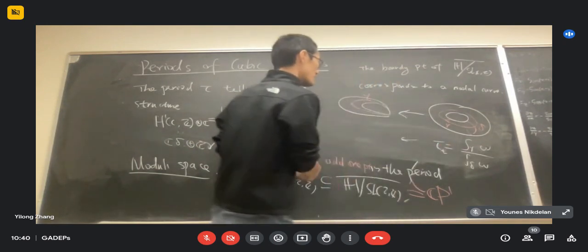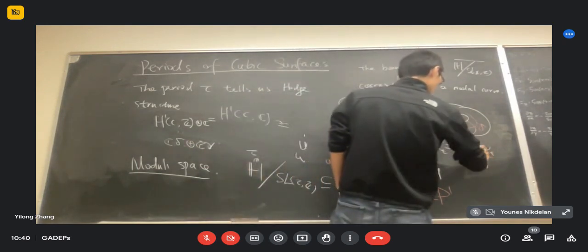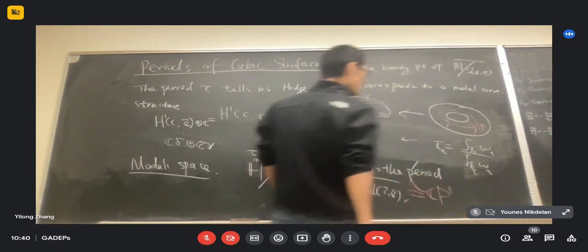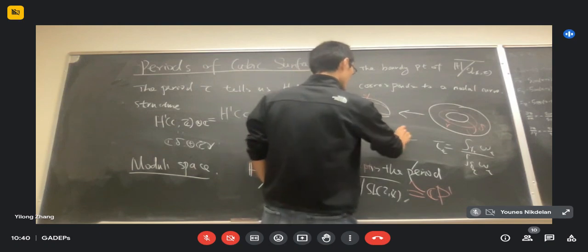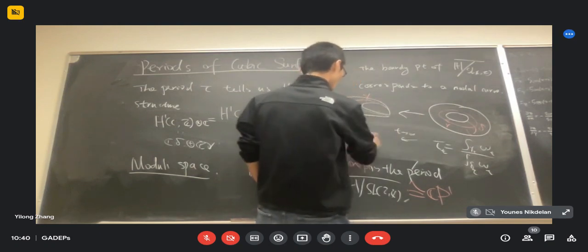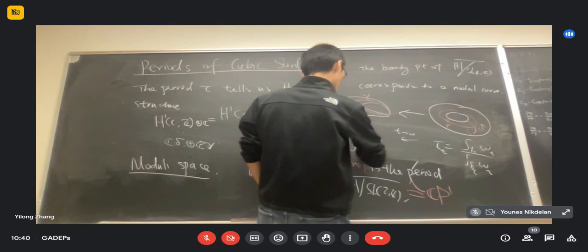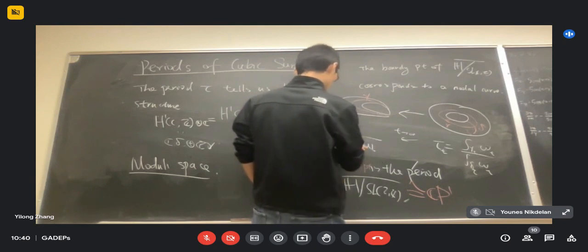We have a family of elliptic curves and this tau, and that all varies in the parameter. So we let t go to infinity, and this is something that stays finite.